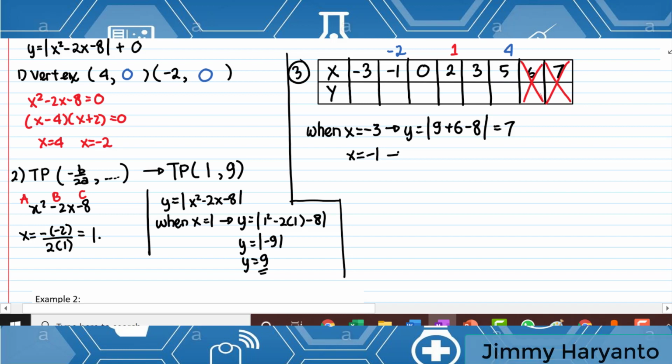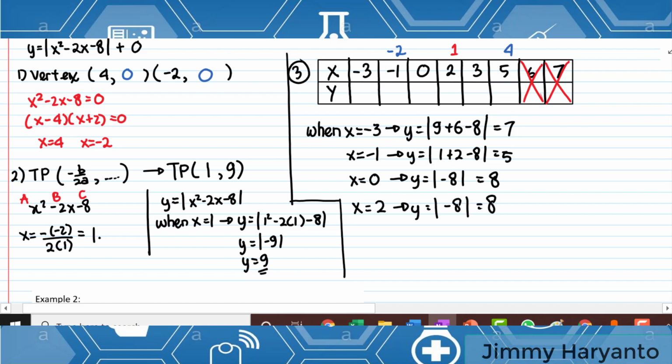When x equals negative 1, y will be 1 plus 2 minus 8, which is 5. When x equals 0, y equals the absolute value of negative 8, which is 8. When x equals 2, y equals 4 minus 4, 0, minus 8, which is 8. When x equals 3, y equals 9 minus 6 minus 8, which is 5.